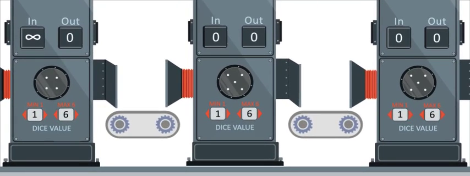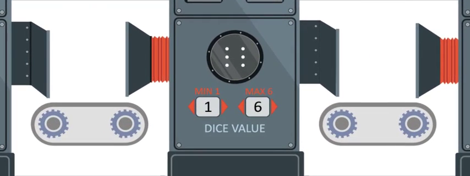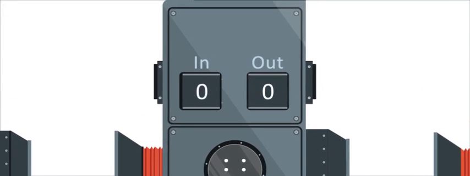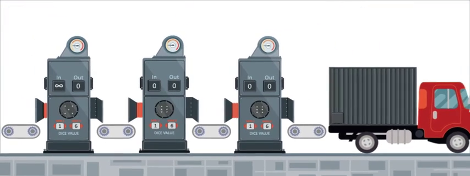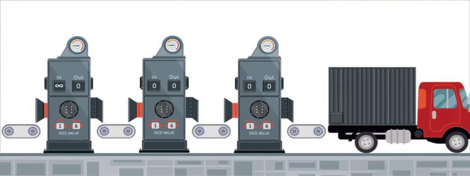The output per day of each station is variable and determined by the roll of a 6-sided die. So each station can produce between 1 and 6 units of output, but output can also be limited by the output of the prior stations. For example, if each station rolls a 6, then output for that day would be 6.